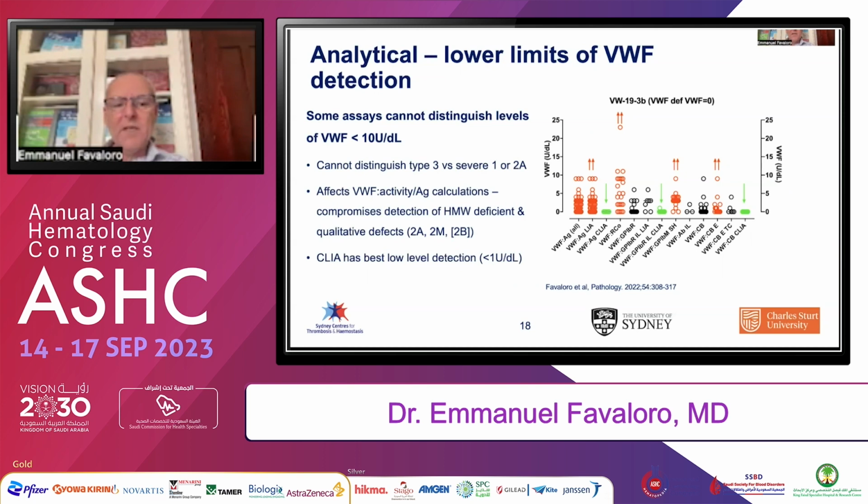It also affects VWF activity calculation, so it compromises the detection of high molecular weight deficient or qualitative defects such as 2A, 2M, and 2B von Willebrand disease. The chemiluminescence methodology performed on the AcuStar has the best lower limit of detection. It can actually get down to less than 1 unit per deciliter, which is similar to a factor VIII assay for hemophilia.